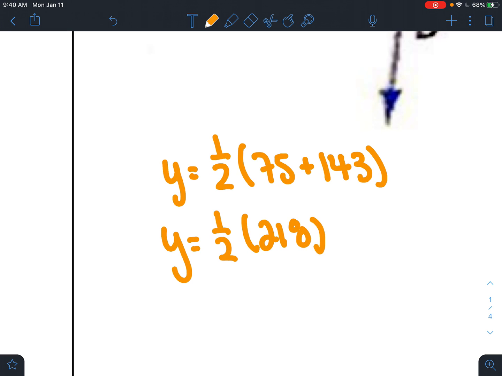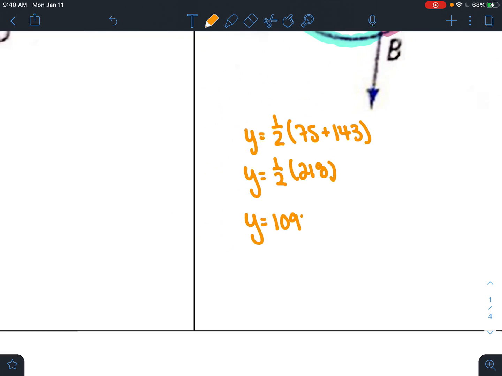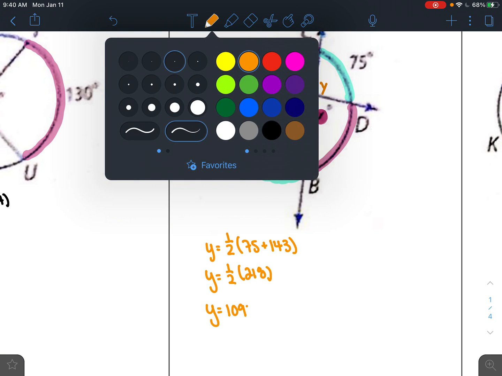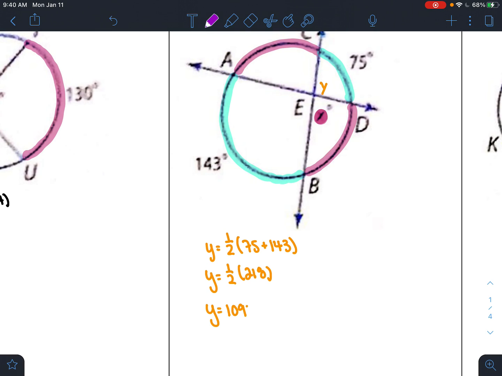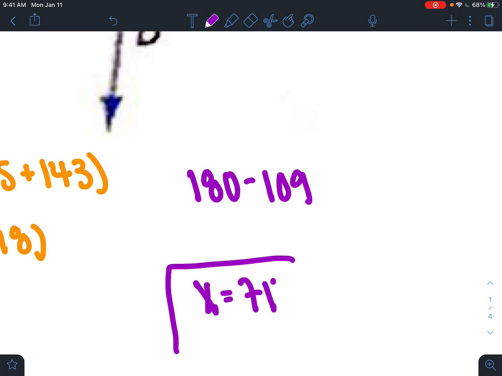Then I'm going to cut it in half, so divide it by 2, which means that y is equal to 109. But I'm not looking for y, I'm looking for x. So I'm going to take that 109 and subtract it from 180. So 180 minus 109 means that my x is 71 degrees.